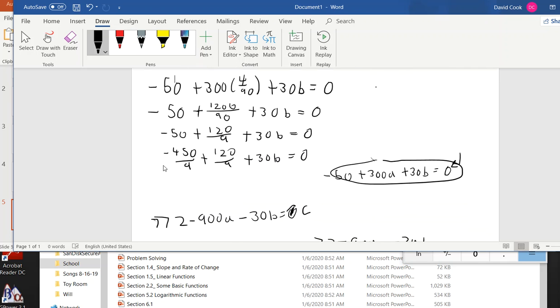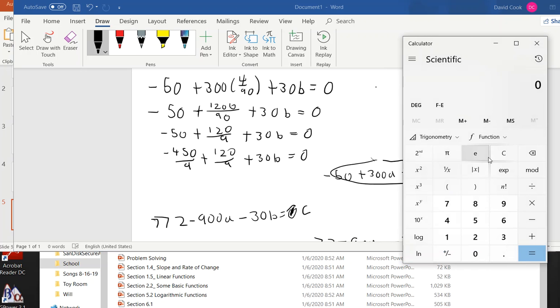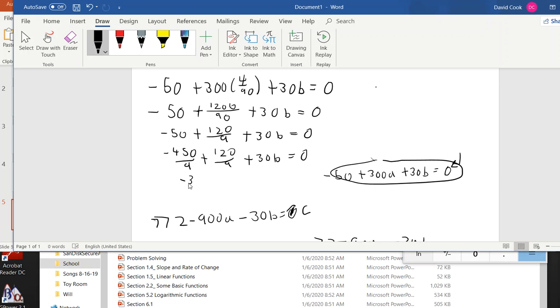If I do this here, that gives me 450 minus 120. What's 450 minus 120? 330 over 9. So this gives me minus 330 over 9 plus 30b equals 0.